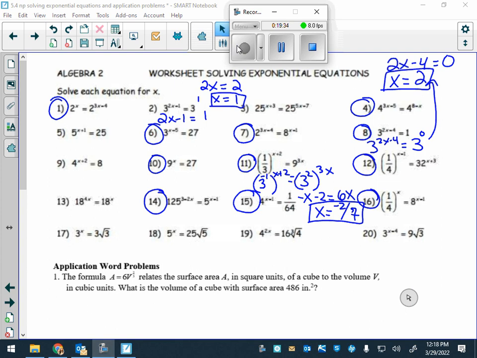So, how would I rewrite 1/4? 2 to what power gives me 1/4? -2 times x minus 1. 2 to what power gives me 32? 5.